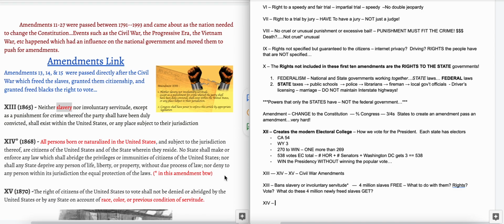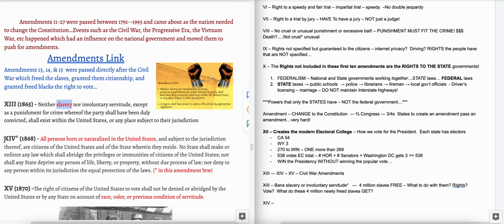The 14th Amendment, probably one of the most controversial amendments we have. All right? See, there's a big asterisk right there. Here we go. In 1868, the government said all persons born or naturalized in the United States and subject to the jurisdiction, basically where they live, thereof, are citizens of the United States and of the state where they reside.